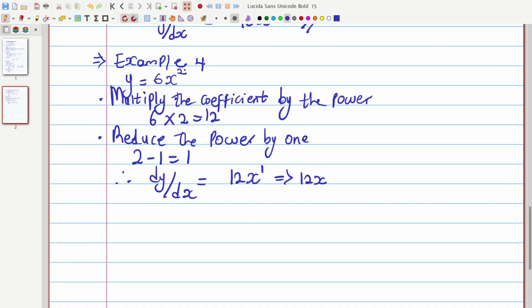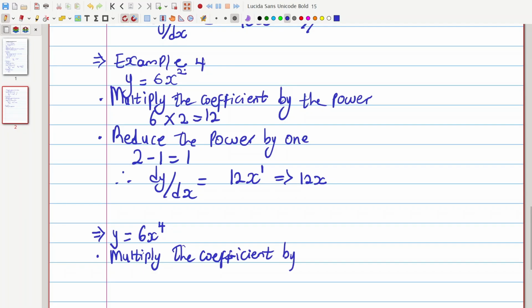Now it's your turn. Pause the video and differentiate y is equal to 6x raised to power 4. Give it a try. The solution is to multiply the coefficient by the power, which is 6 times 4, which gives us 24.